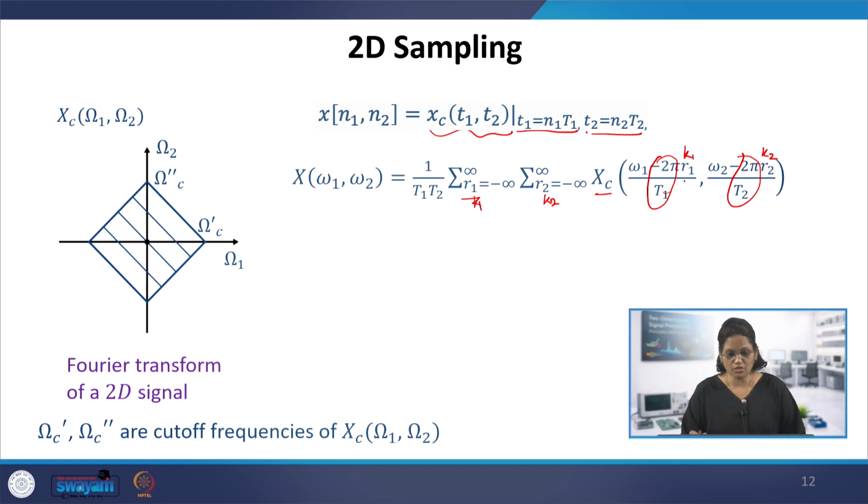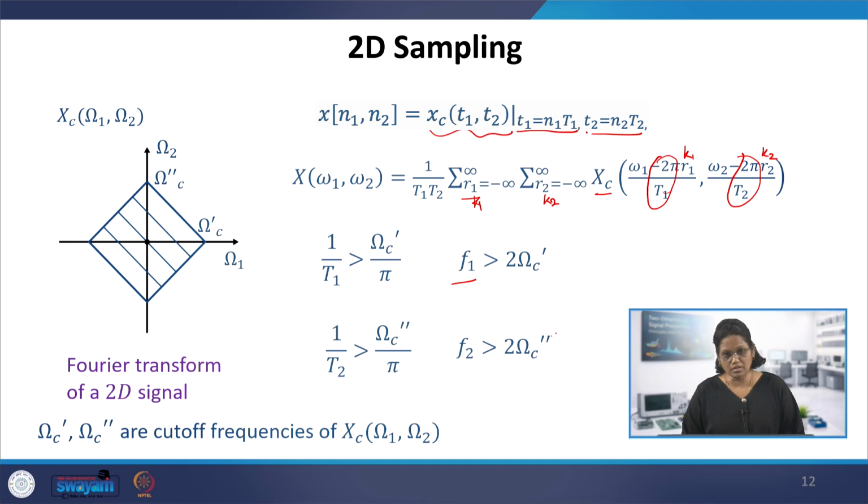So this is the equation, and it is obtained with the sampling frequency 1 by T1 greater than omega c dash by pi, that is, f1 is greater than 2 omega c dash. So 2 times the maximum frequency, the cutoff frequency, in this direction, and it is also followed in the other direction, that is, 1 by T2 is greater than omega c double dash by pi, which is f2 greater than 2 omega c double dash.